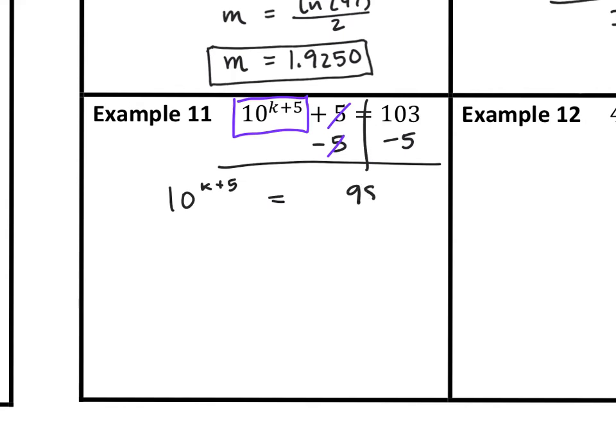It's 98. Now, is this base an e? No, right? So then we're not going to use ln, we're going to use log. So we're going to put log of the left side and log of the right.